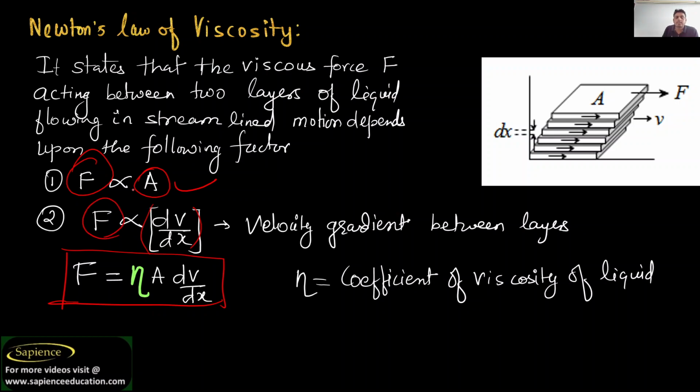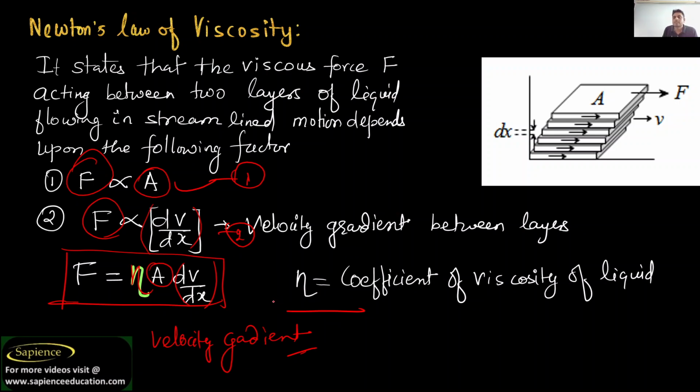When we combine both equation 1 and equation 2, we get force equal to eta, which is known as the coefficient of viscosity, into area into dv by dx. dv by dx is basically known as the velocity gradient. I hope you have understood Newton's law of viscosity now.